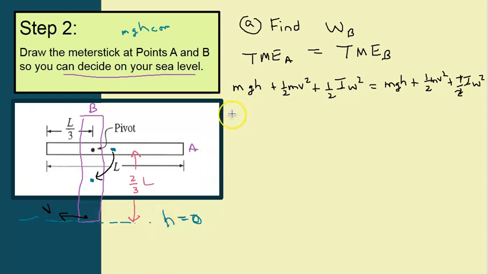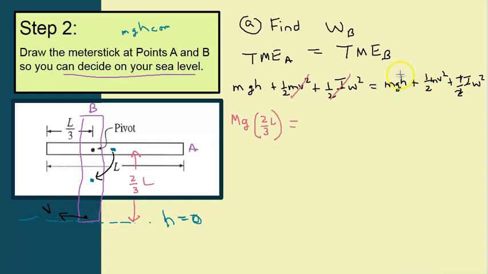Okay, so we've got M times G, we're going to leave it as variables, times 2/3 L. It is not moving. We're releasing it from rest, and the torque of its own weight is going to make it rotate. But right now it's not rotating. It's not translating. Awesome. That'll give us more room.